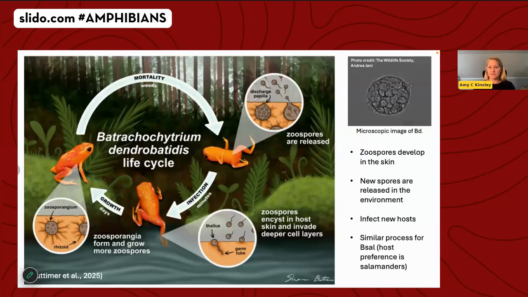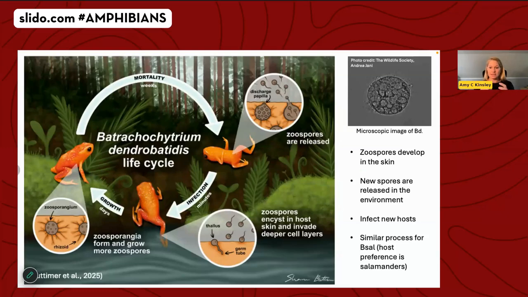Here I'm showing the life cycle of BD to highlight how chytrid fungi infect hosts and how they spread once they're introduced into a habitat. The fungus produces microscopic swimming spores called zoospores, and they move through the water. The spores then attach to the amphibian skin and encyst, and then they begin growing on that outer layer of skin.